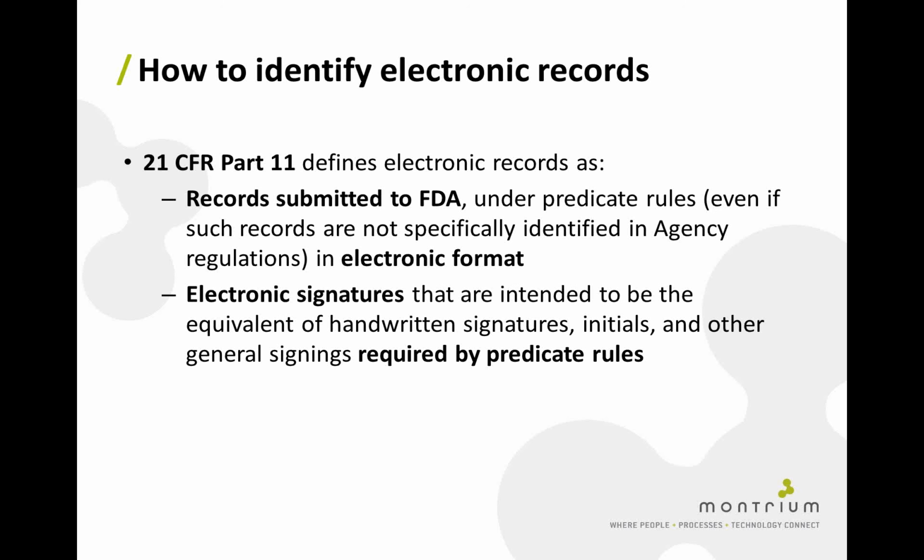The third is any record that's submitted to FDA under predicate rules, even if such records are not specifically identified in agency regulations. And so this is typically any record that we include within an ECTD submission to the agencies. And then finally, electronic signatures are also considered electronic records and should be governed as such.